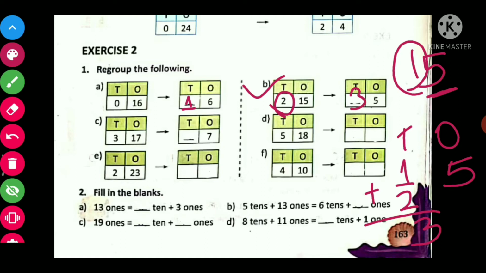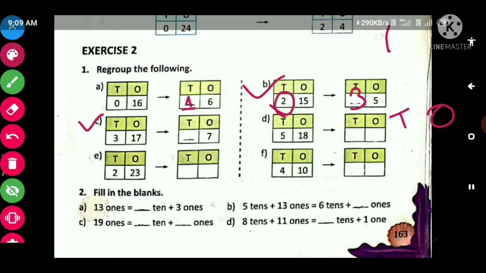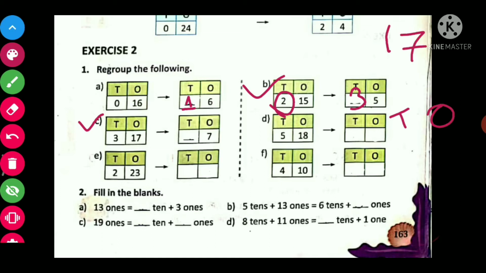Let's do some other questions. Now see C part. Again tens place and ones place are there. In ones place 17 is there. So we'll write 7 in the ones place, and this 1 we'll place in the tens place.